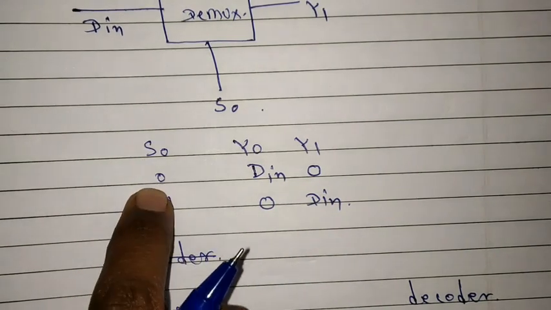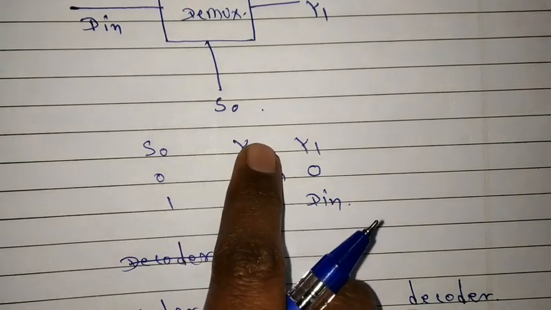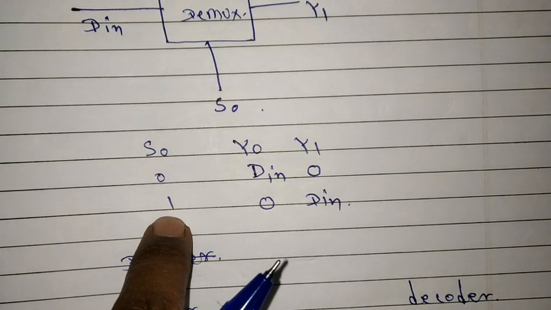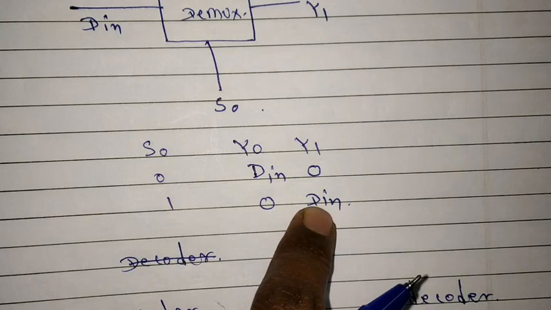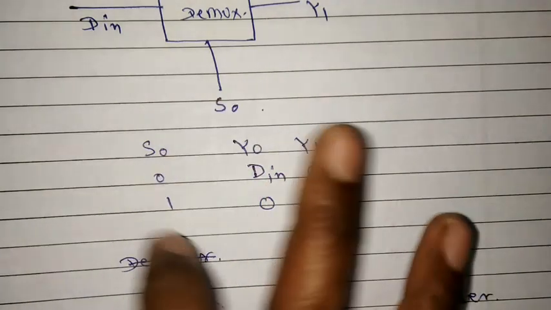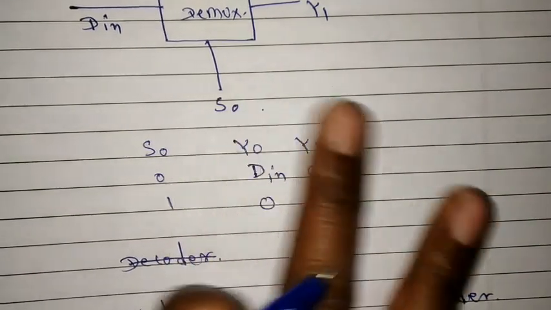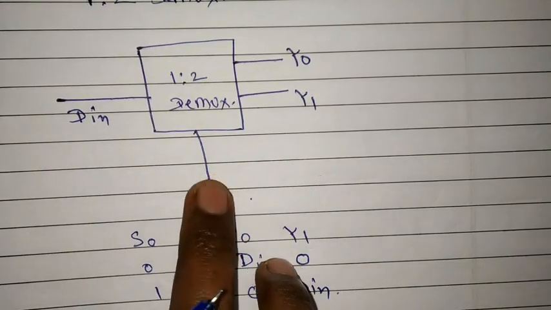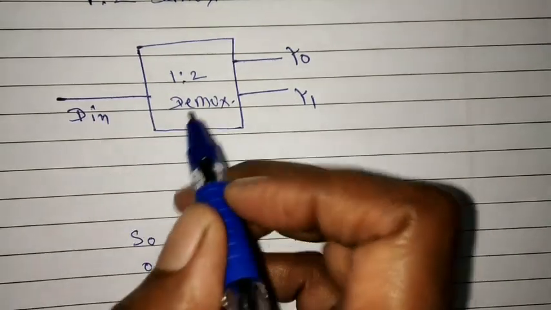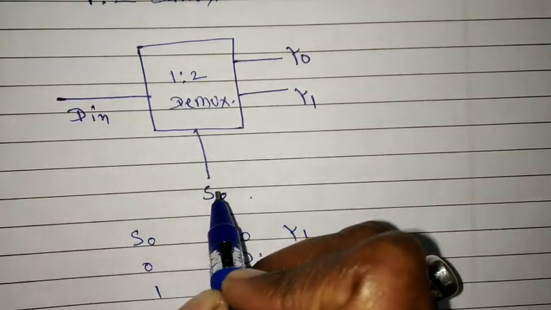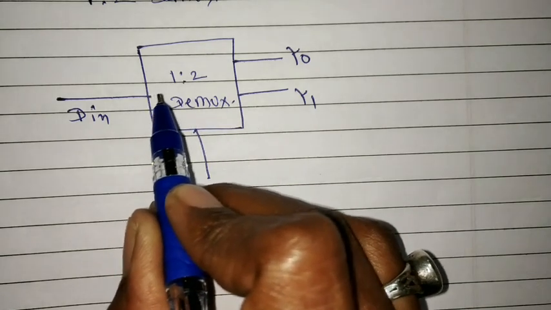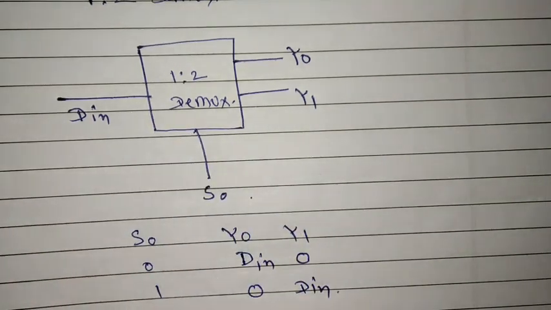If the select line is 0, then the first output will be D in, and if the select line is 1, then the second output will be D in. Based on the select line, if S0 is 0, then Y0 will be connected to D in, or if S0 is 1, then Y1 will be connected to D in.